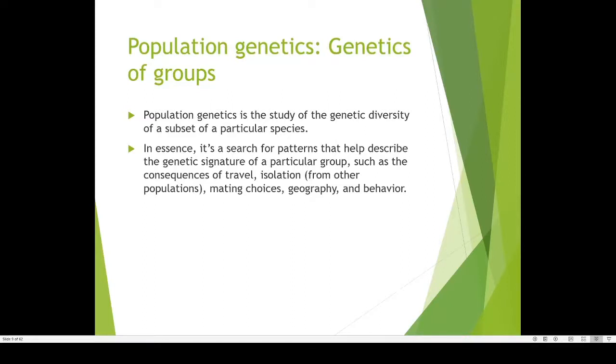Each island has its own perks and characteristics. That's a good example of how population genetics works. It's their behavior, which is based on their area, geography, right?